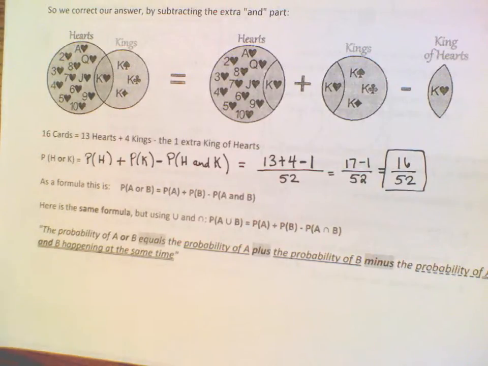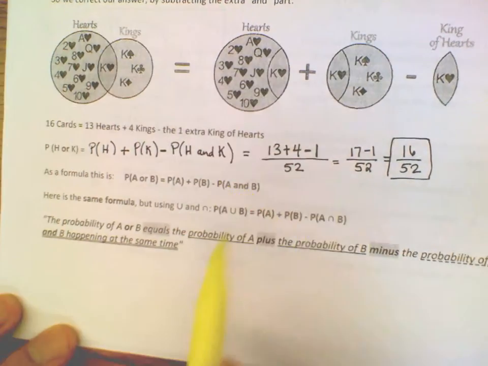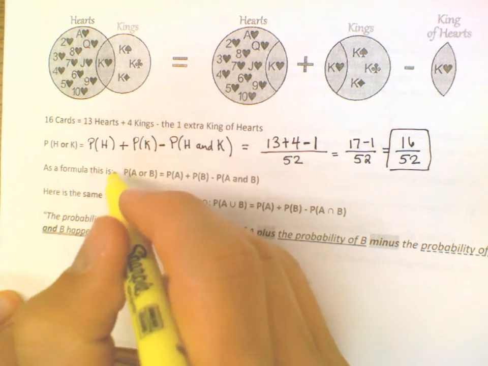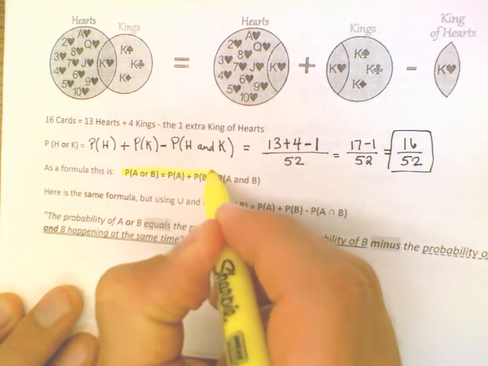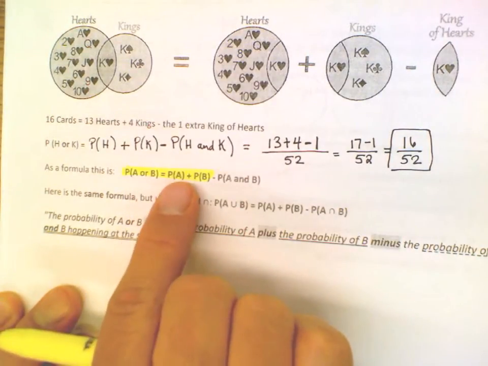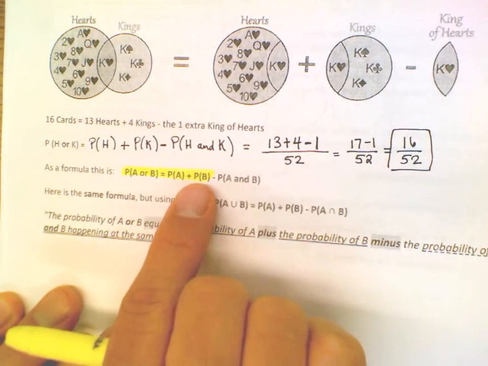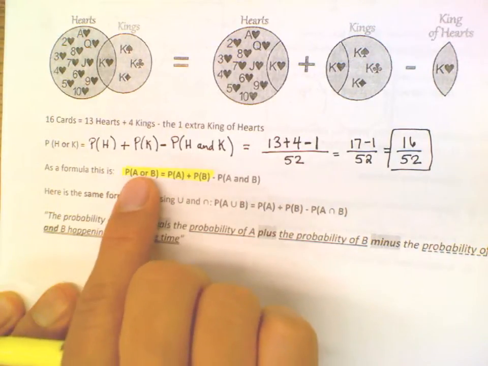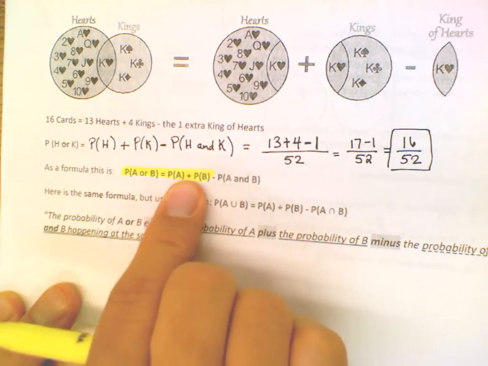Okay? So yesterday you were introduced with a formula, and it was a mutually exclusive formula. The mutually exclusive formula just says to find or, all you do is add probability of A plus probability of B. Yes, this is the same kind of formula as you were writing yesterday. So the OR problem tells you to add.